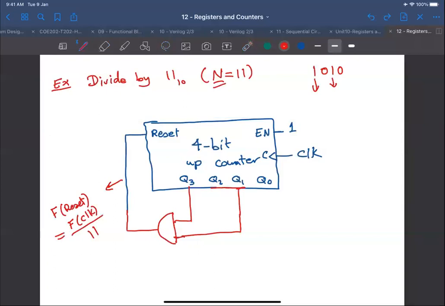So when you reach 10, you don't reset. What do you do? You load what? You load 5.